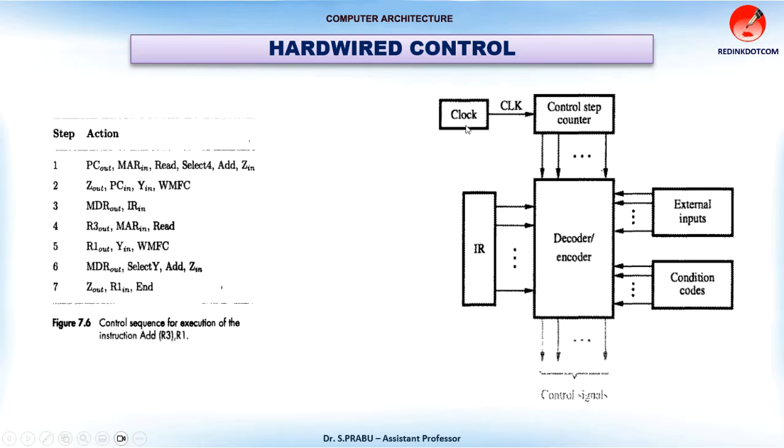It contains the clock, control step counter, and decoder encoder logic that are connected along with the instruction register, external inputs, and condition codes. The clock provides the timing signals to the step counter. It keeps track of which step of the instruction is currently being executed, and the decoder generates the corresponding control signals for the particular step.